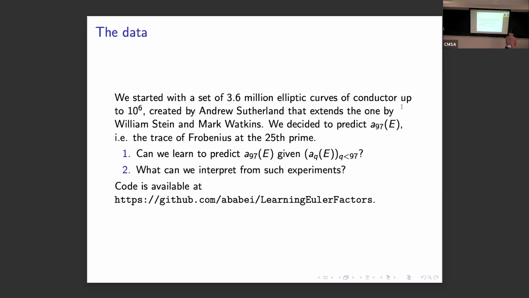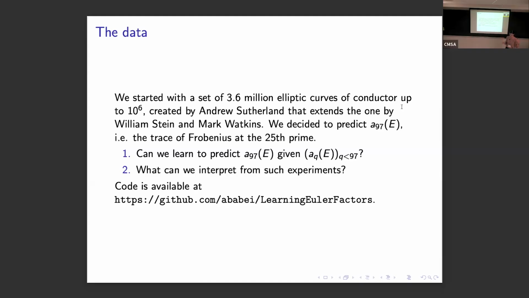But when we were inputting the a_p mod 2, suddenly these 3.6 million training examples became a few 100,000. So we needed way more, because the mod 2 Galois representations were way fewer than the elliptic curves by themselves.